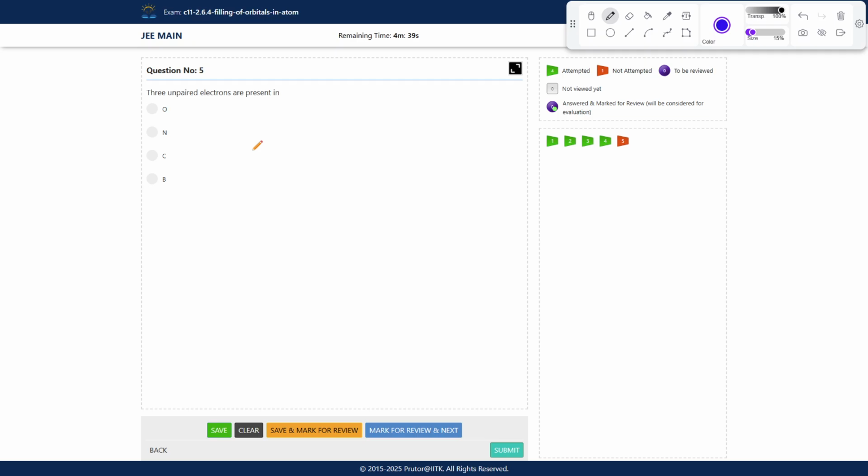Anyone who remembers that part? No, it's not size. It's not electronegativity. Of course, electronegativity has nothing to do with the half-filled or full-filled configuration.